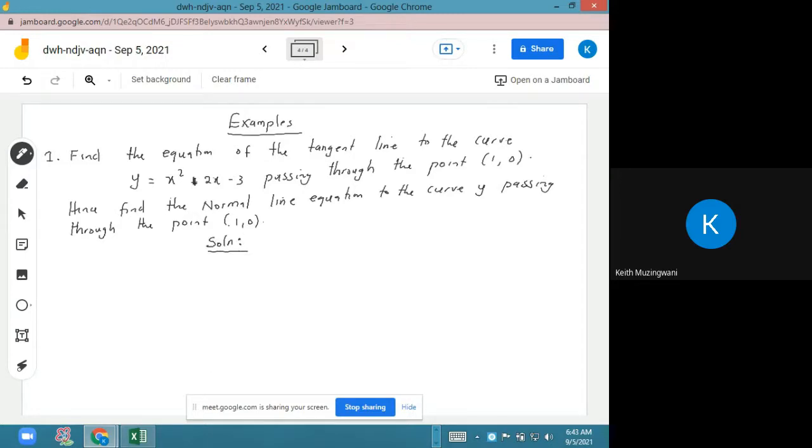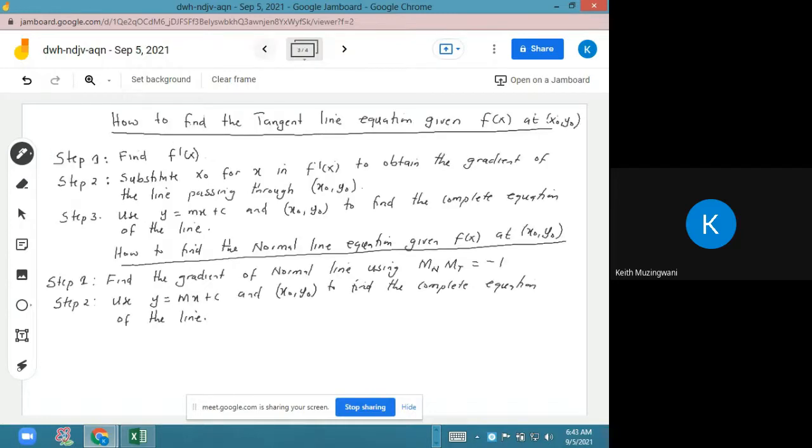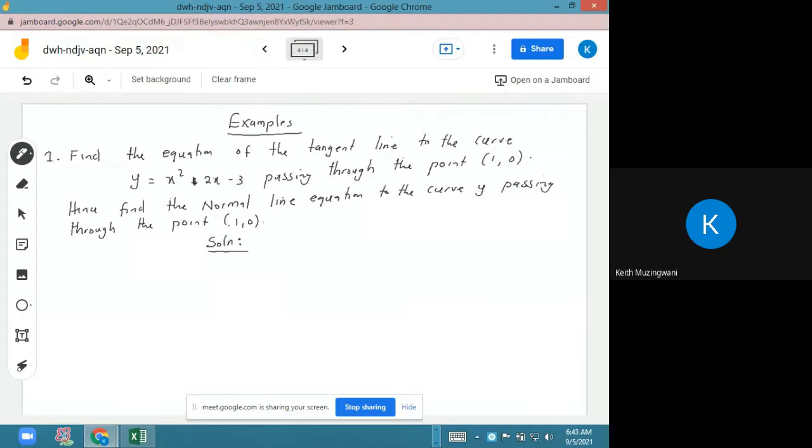Solution. So we follow our steps. We are starting with the tangent line to the curve, and here we said the first step is to find the first derivative. So let's find y prime. The derivative of this is 2x plus 2.